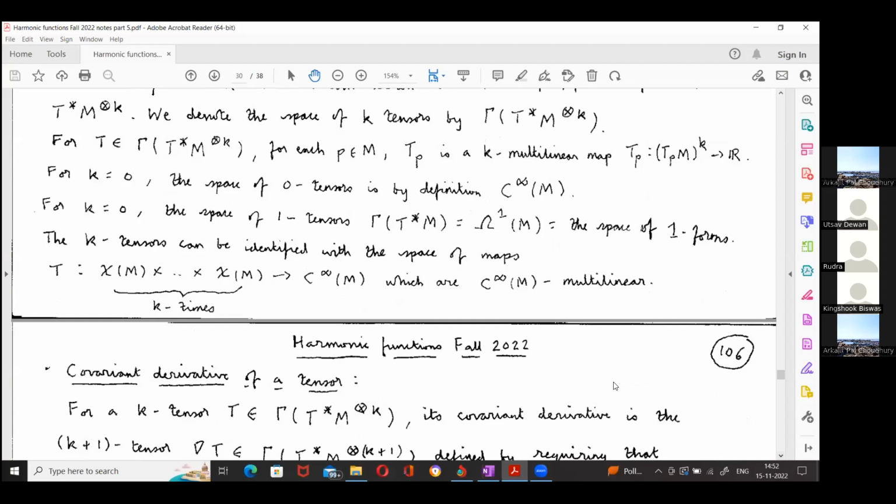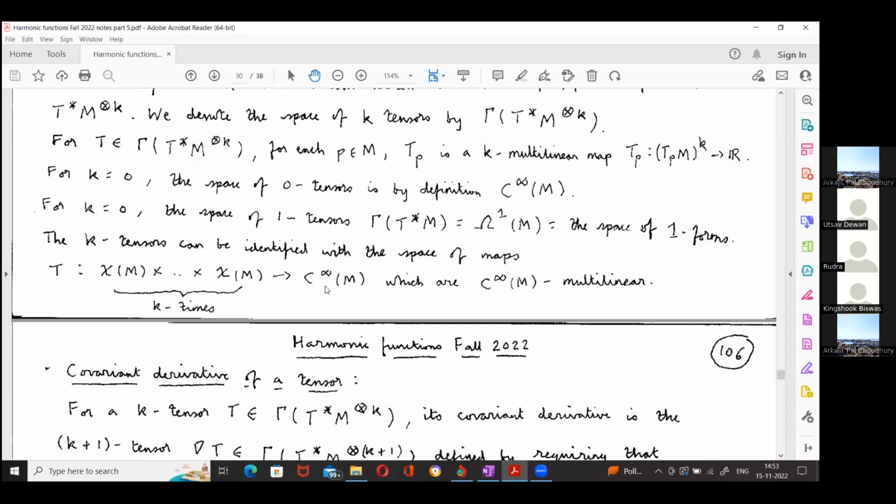Remember the space of vector fields becomes a module over the ring of smooth functions, C∞(M). And as a map of modules, this should be multilinear.